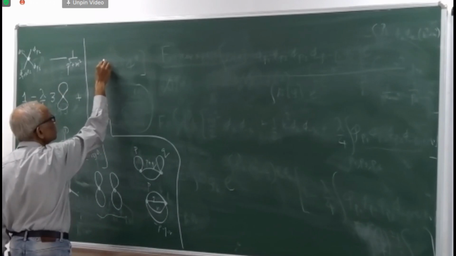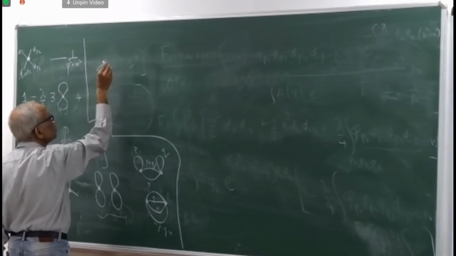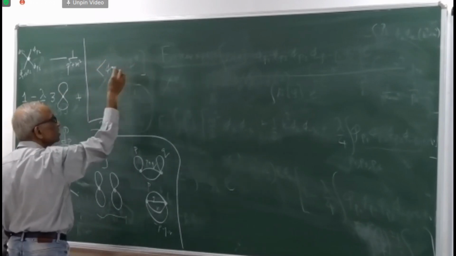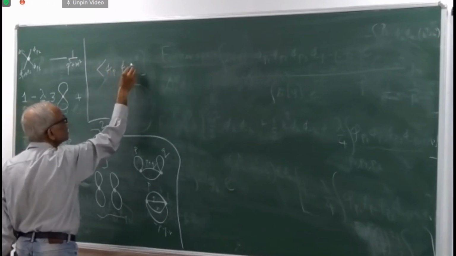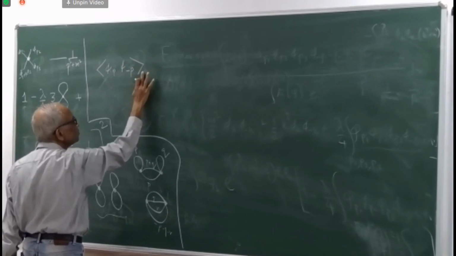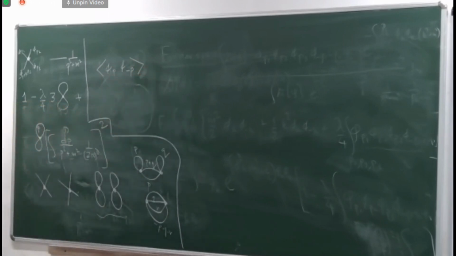So the next vital thing is the correlator phi x1, phi x2, or more conveniently one does it in momentum space and then takes a Fourier transform. So it is phi p, phi minus p.